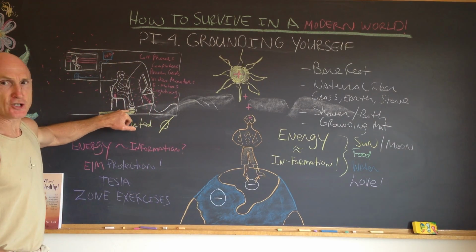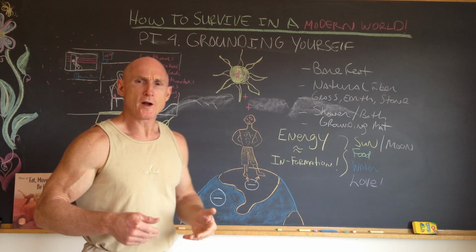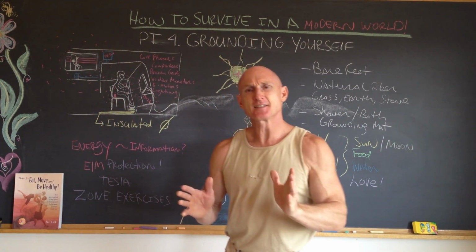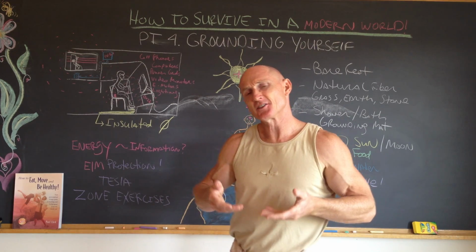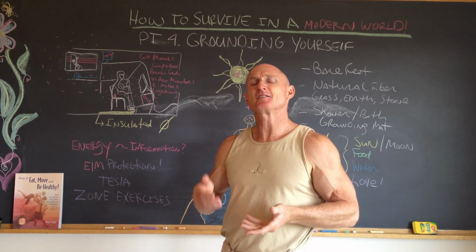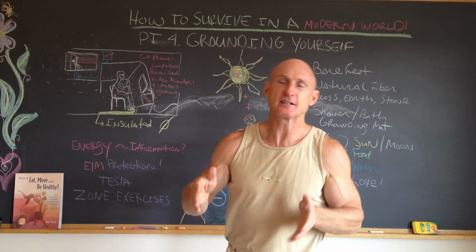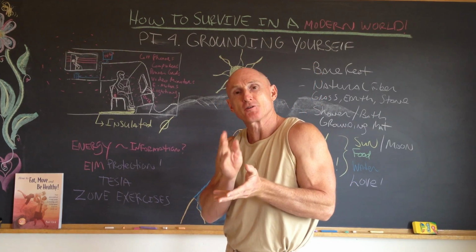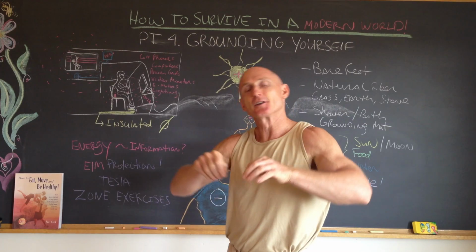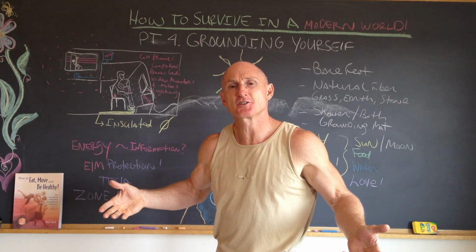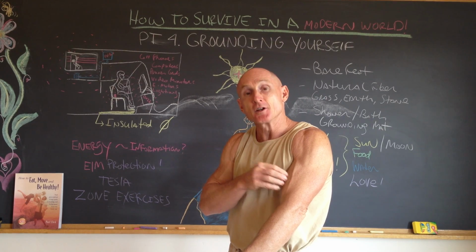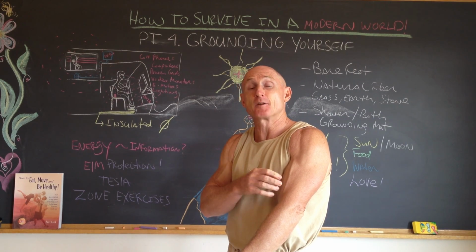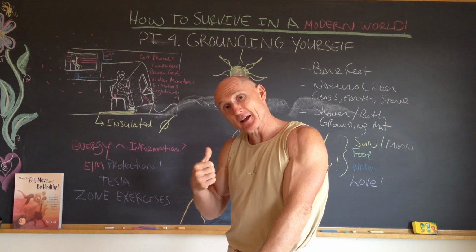Next, people are wearing shoes. Whenever you wear shoes, you're insulating yourself from the earth. An insulator is something in an electric circuit that does not conduct electricity. It keeps the charge or the flow of electricity going so that it doesn't leak out into the surrounding environment. That's why you have myelin on your nerves, a sheath that's made of fat that protects the signal from jumping out of you.